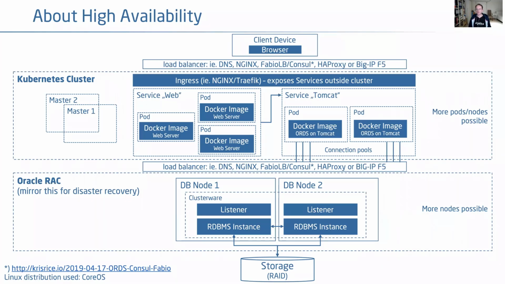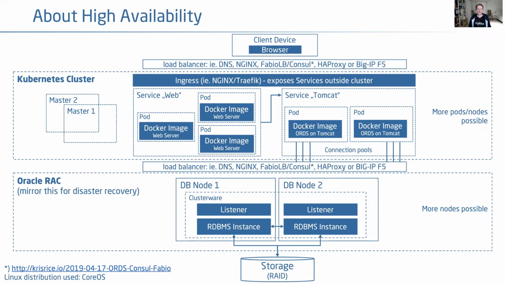You need the connection pooling with the database, with ORDS that runs on Tomcat. And you optionally might have a service called Web for a web proxy or other services in front of that. And they all contain different kinds of pods. If one pod goes down, then Kubernetes automatically spawns a new pod for you, running that exact same kind of service you will be needing.